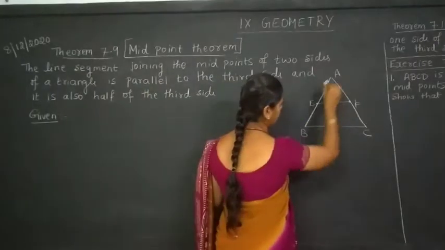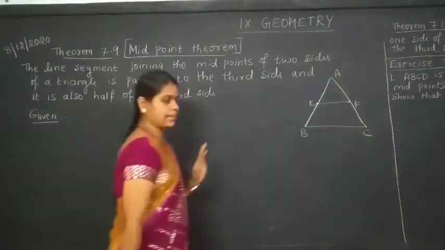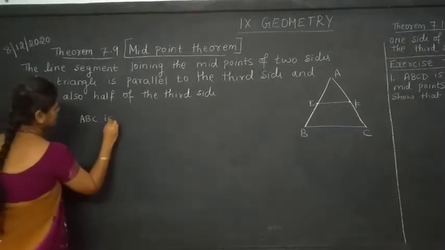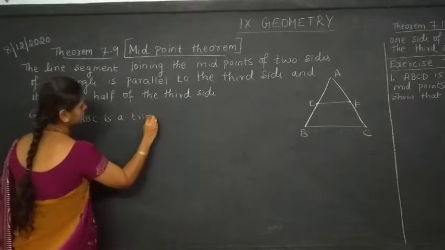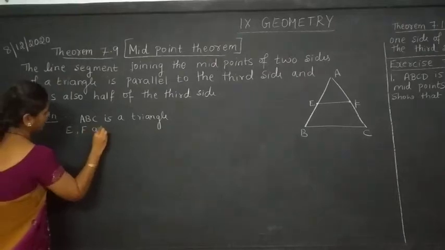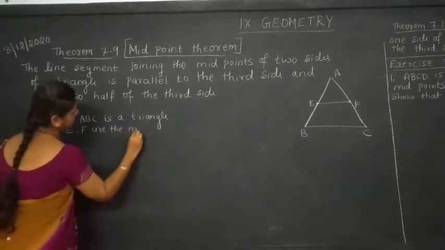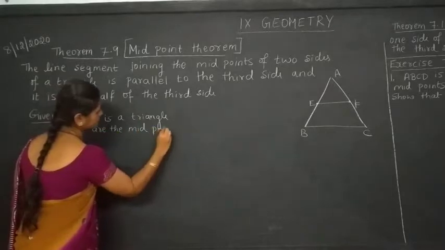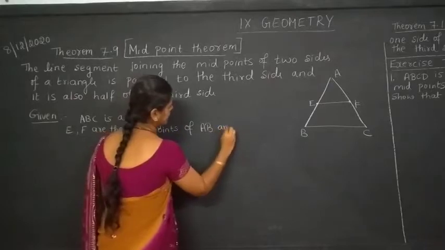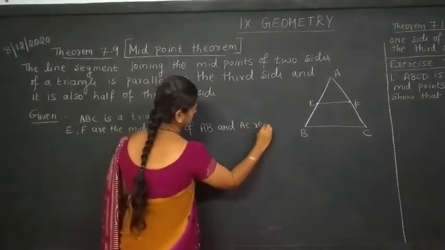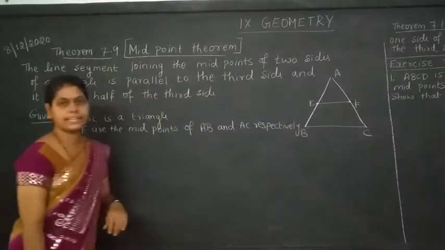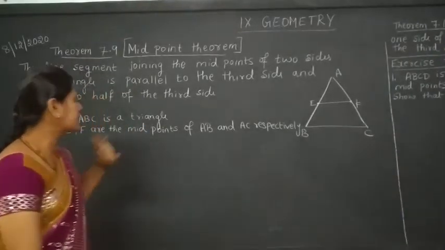E and F are the midpoints of AB and AC respectively. So this is given for you.